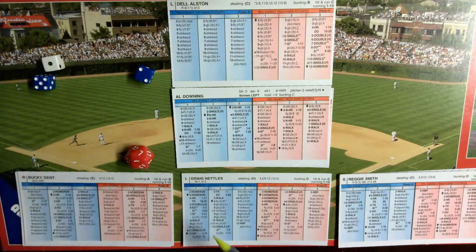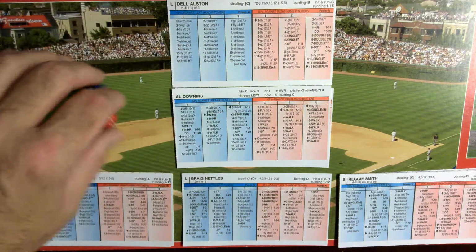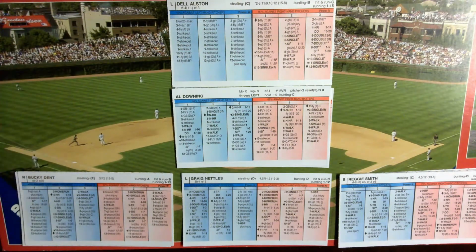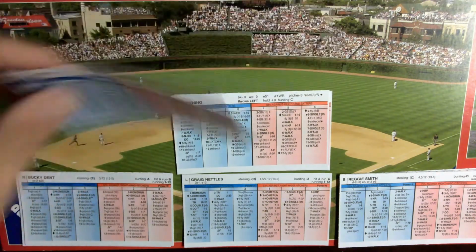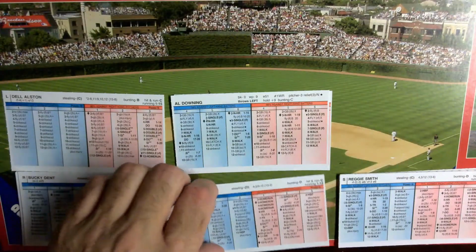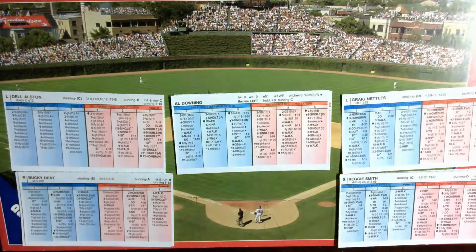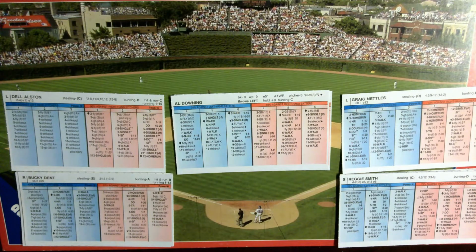And that is a 1. So Nettles gets a single, and that puts Alston on third with no outs. Alston to third, Nettles to first. That's Nettles' second hit of the ball game.